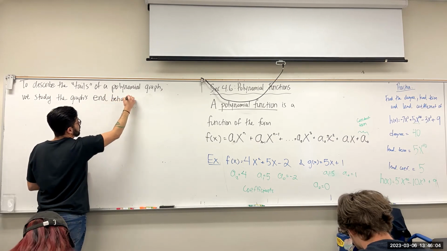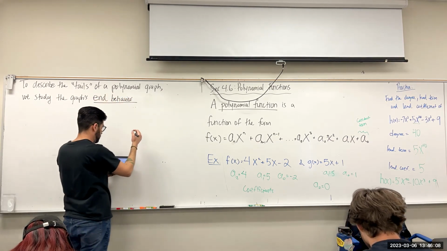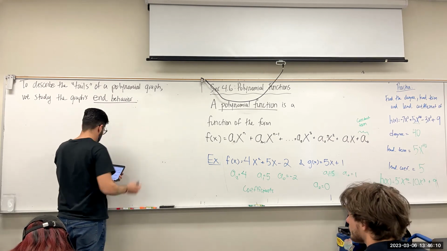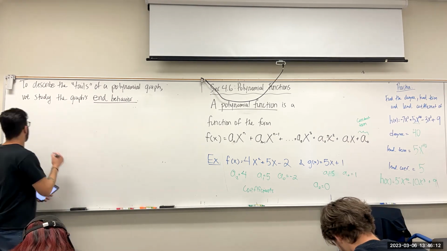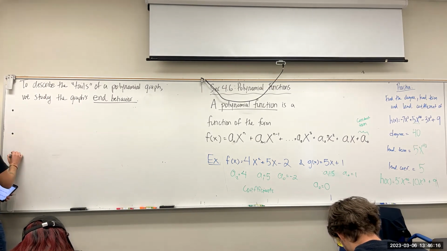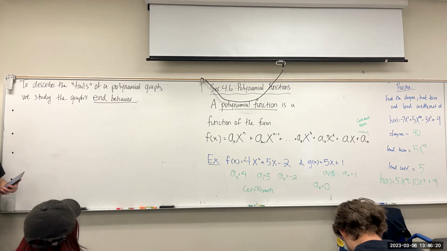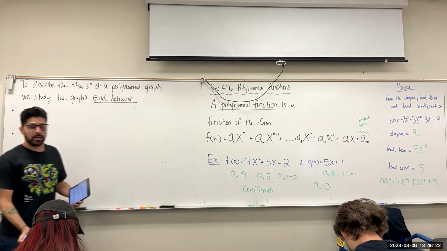End behavior. What's happening at the ends of the graph? And there are 4 new types of notation that I'm going to show you guys to describe the tails, or describe its end behavior.